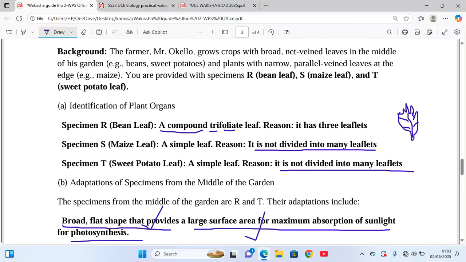These ones, this is just a margin that is either wavy or crenate or dented, but it is not a compound leaf. It is a simple leaf.